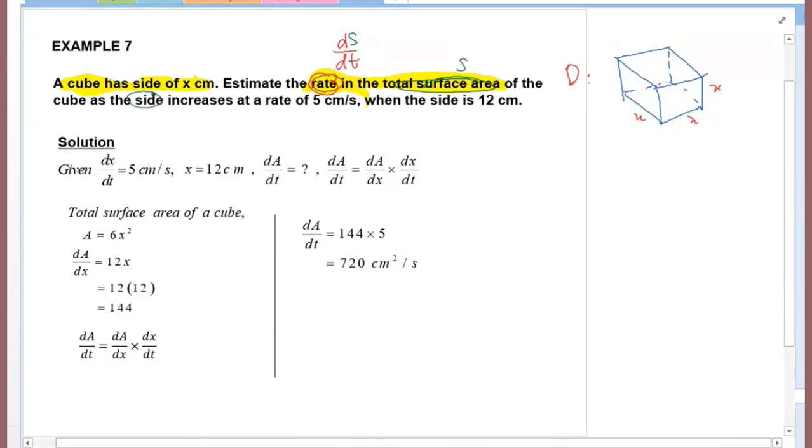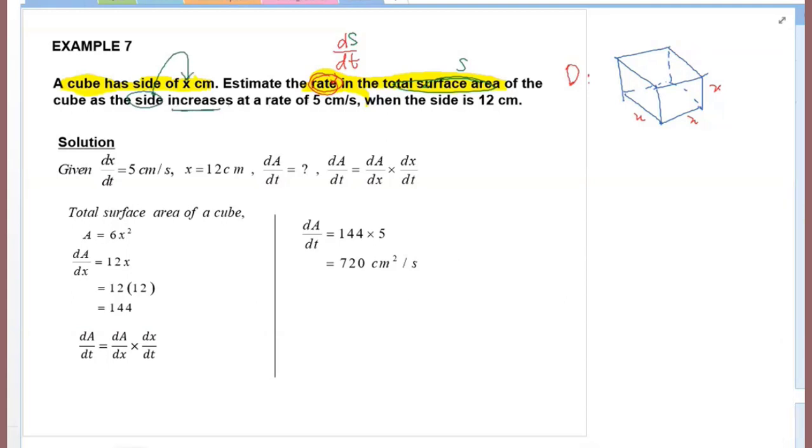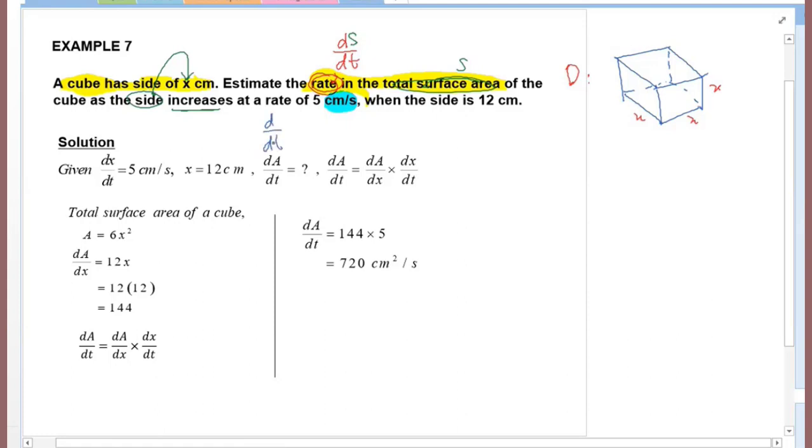The side increases at a rate of 5 cm per second. So dx/dt equals 5.